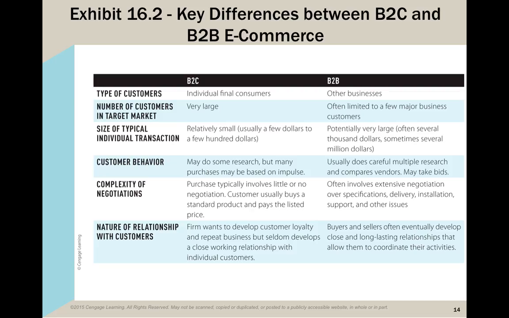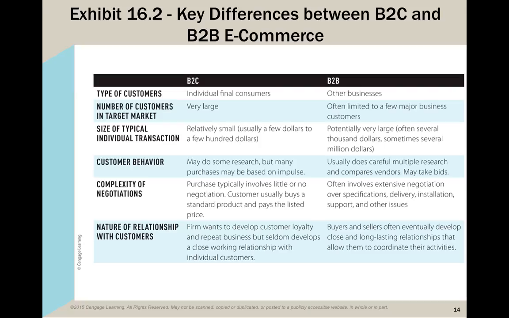Now, this whole chart, I'm not going to read it, but some of the highlights: types of customers under business to consumer. We are typically thinking about the final consumer, and there's a large number. If we look at the United States, every person in the country has the opportunity to be an individual final consumer.